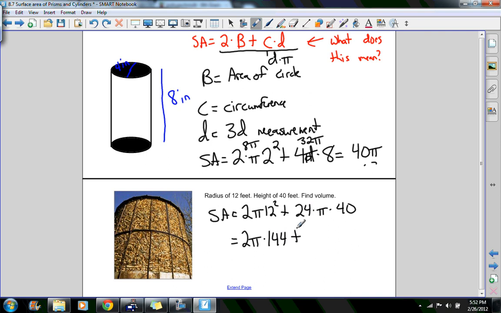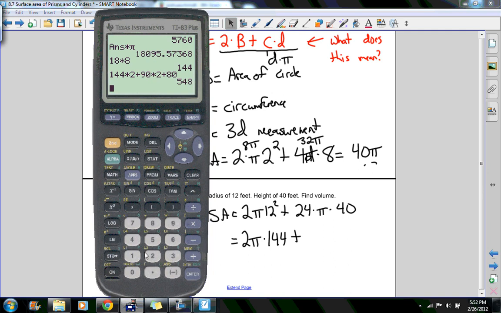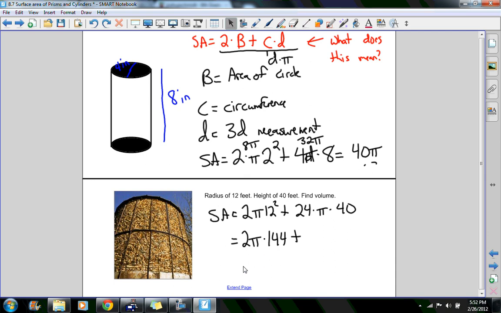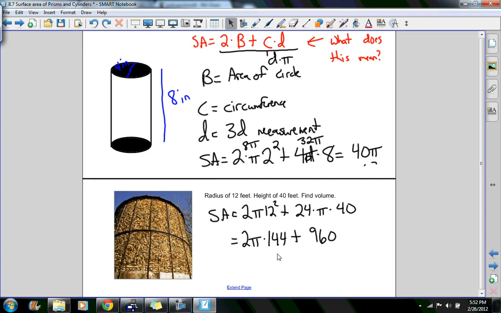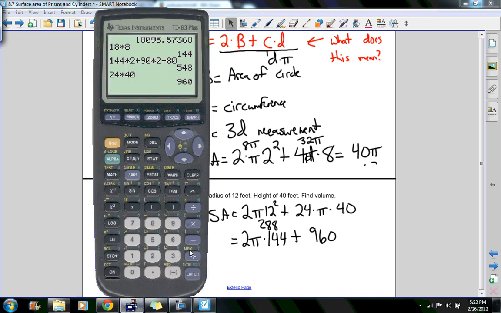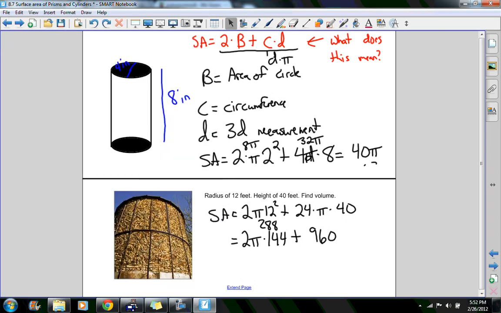Plus 24 times 40 is a big number. 960. Okay. 2 times 144 is 288. 288 plus 960 is 1,248 pi. And we're going to do feet squared on that.